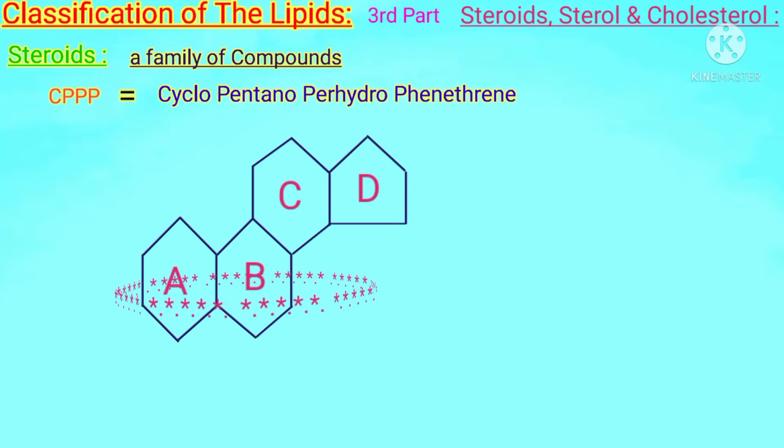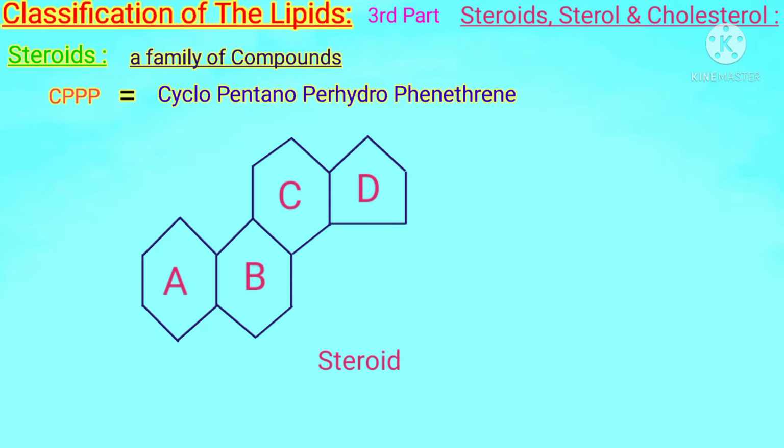But students, the remaining three rings, the ABC rings, are collectively called perhydrophenanthrene. Consequently, if this structure is present in any compound, then that compound will be called a steroid.